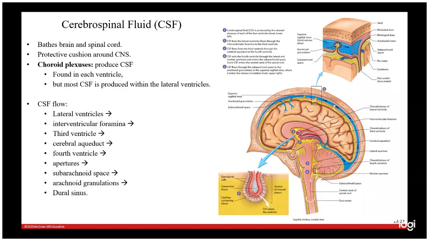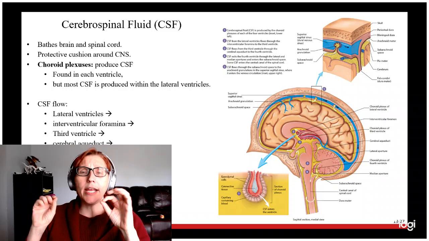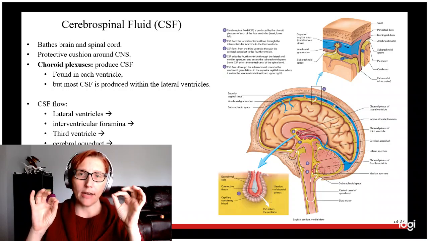Okay, so I am going to let you guys take a little time with this cerebrospinal fluid. The brain itself only has a couple of points where it actually comes into contact with blood.